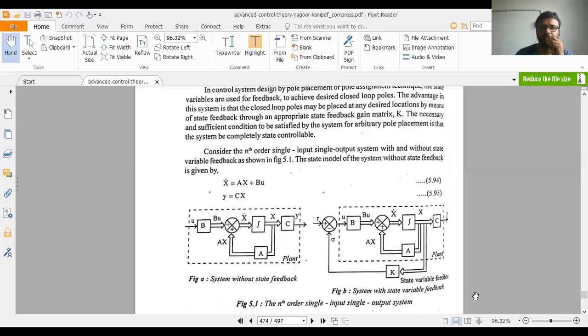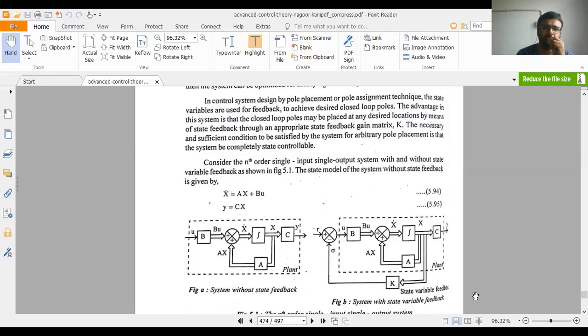So, in any control system, the main criterion that has to be satisfied is stability. That stability can be obtained with feedback or without feedback.